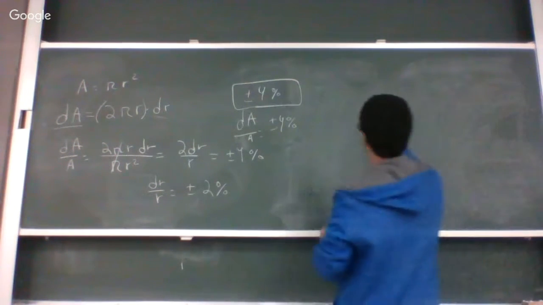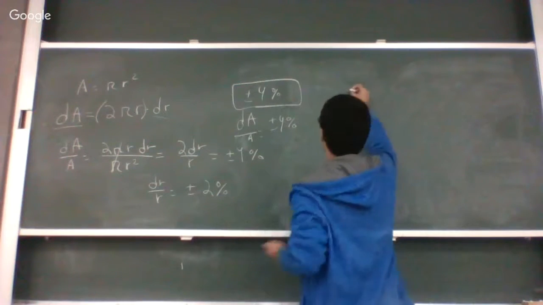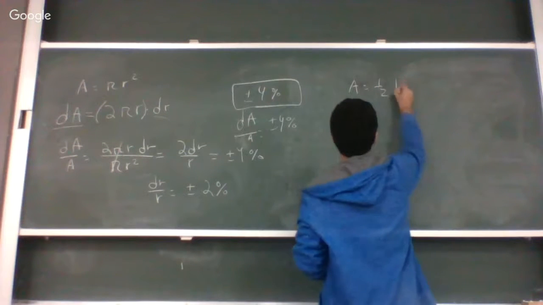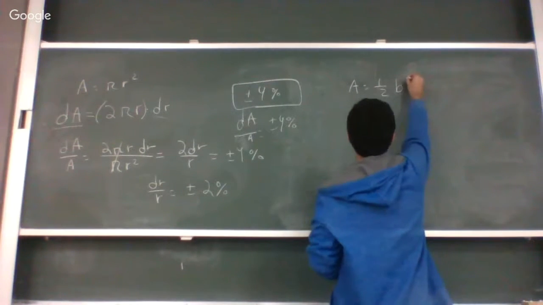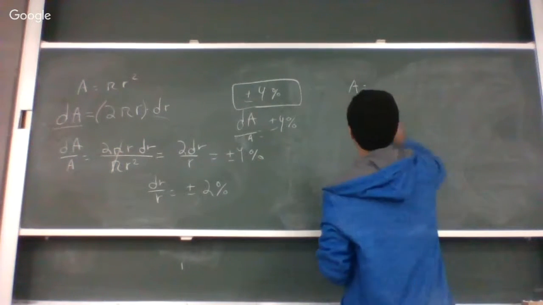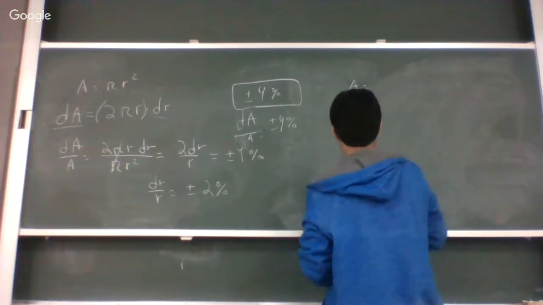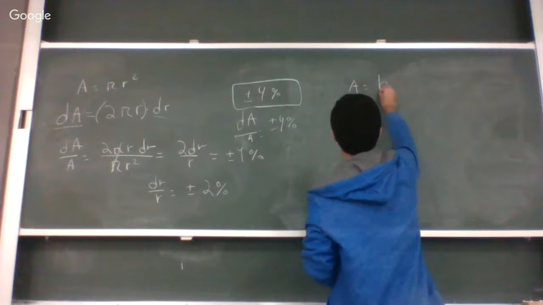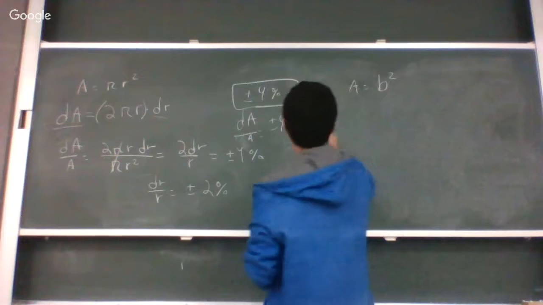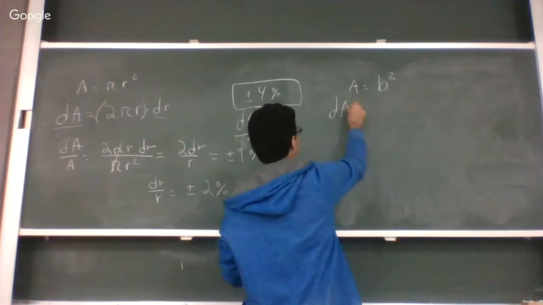What's the formula for area of a triangle? Yeah, let's do area of a rectangle. We'll just do a square with one variable, because I'm sort of just making this up. So the dA is equal to what?